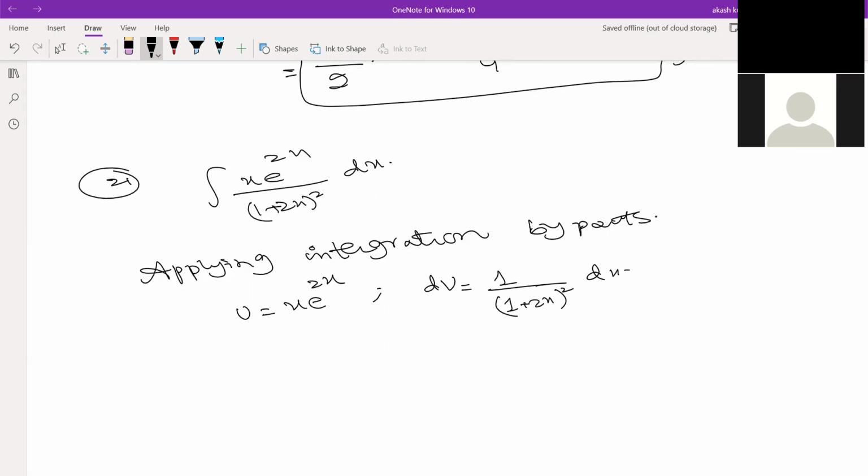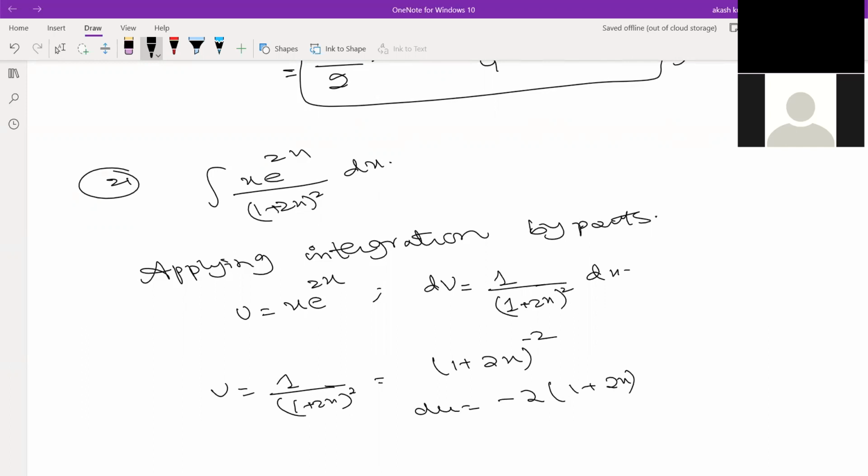Because if I choose u as 1 over 1 plus 2x whole square, it becomes 1 plus 2x to the power minus 2, and taking the differential of it, it becomes more complicated.